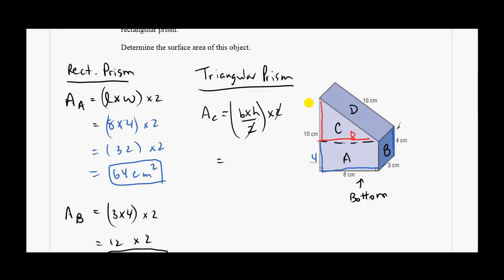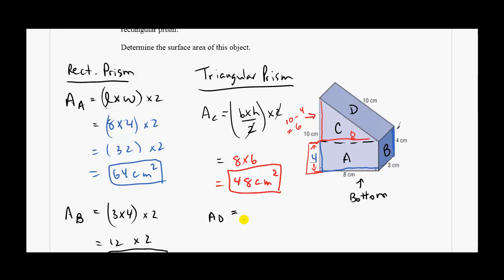This entire height of this composite object is 10. This portion is 4. So to get C's height, we would subtract 4 from 10. We get 6 centimeters. So the base is 8 and the height is 6. 48 centimeters squared for both triangles.